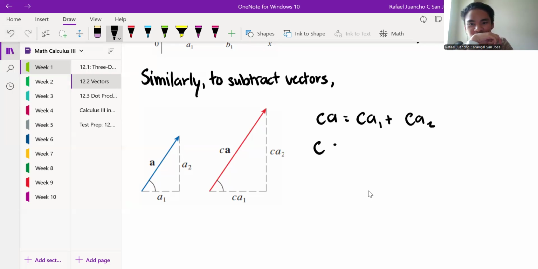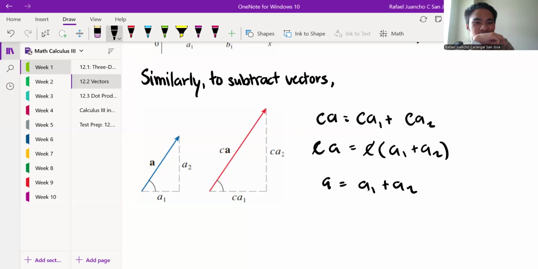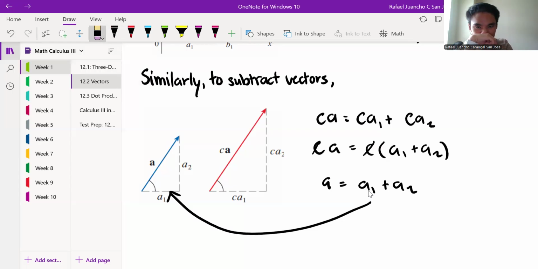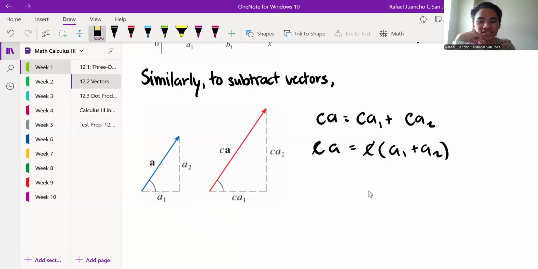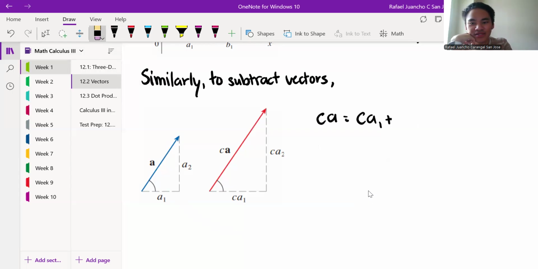And then we can do something like C times A1, A2. We can divide them. We get A is A1 plus A2. It's just scaling, basically. We get a much smaller rectangle, which is this one. But yeah, that's what multiplying is doing.